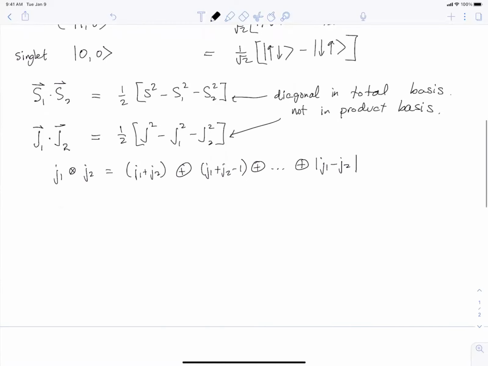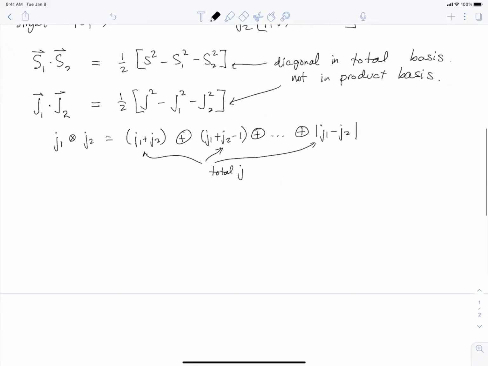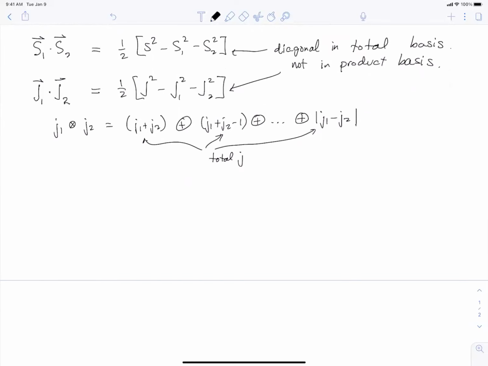Okay, and those things in parentheses, each one of them is labeling the total J for that set of states. Okay, so what we're going to work out today is the example of orbital plus spin.